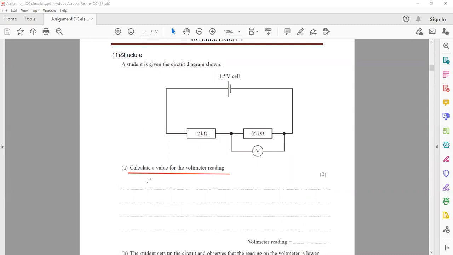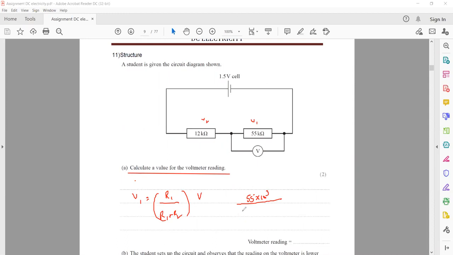The formula which relates is, if I say this is V1 and this one is V2, then V1 is equal to the resistance of that part divided by the sum of the resistances of the circuit, multiplied by the combined voltage V. So that is 55 kilo, 12 kilo and 55 kilo.